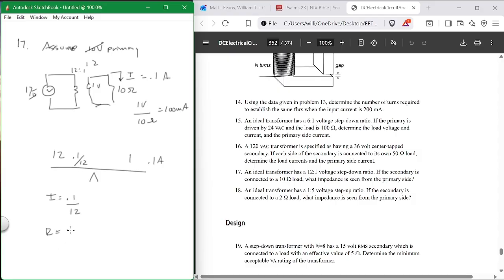V equals IR, so R equals V over I, right? So it's equal to 12 over 0.1 divided by 12. You can figure that one out. You see how you do it? You don't have to know a formula for impedance. You just find V and I over here, and then you find R over here. So that's the primary impedance.